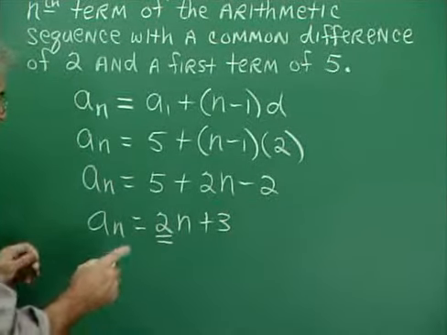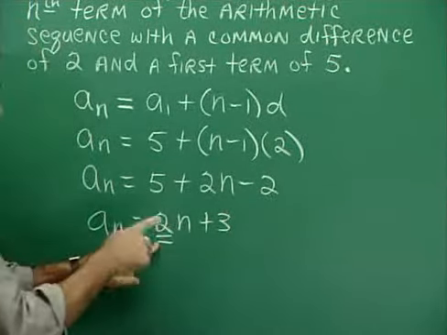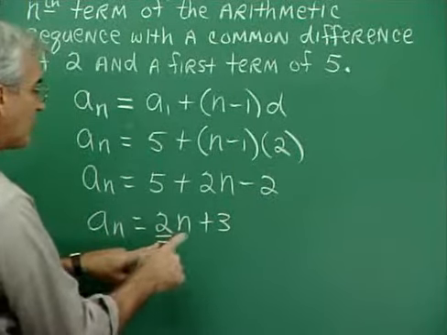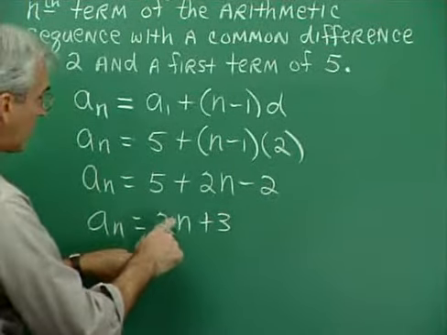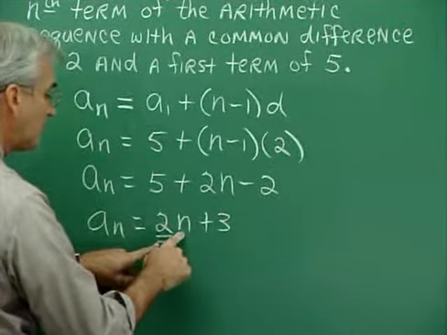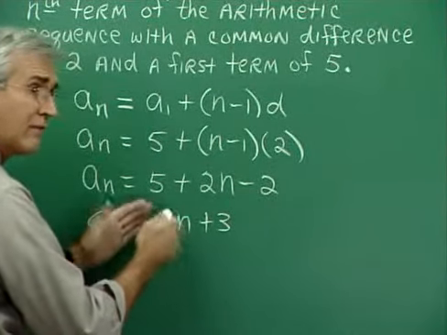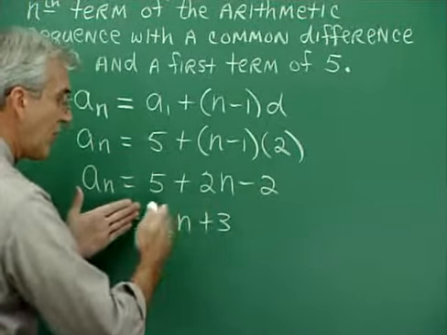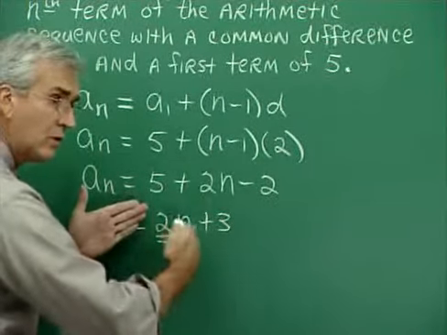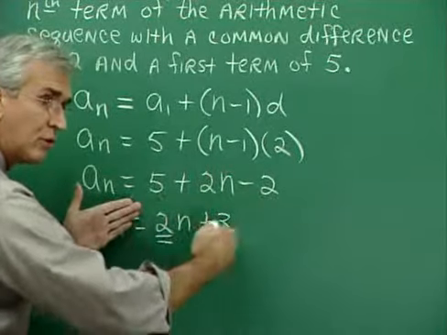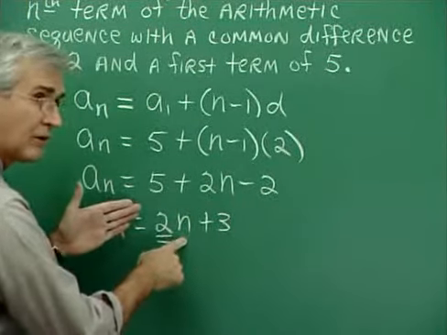And it kind of makes sense because every time we add another value to n, we're multiplying that value by 2. You see, 2 times 1, 2 times 2, 2 times 4, 2 times 5. And for successive terms generated by this expression, all we're doing is adding another value of 2 every time we pop in another value for n.